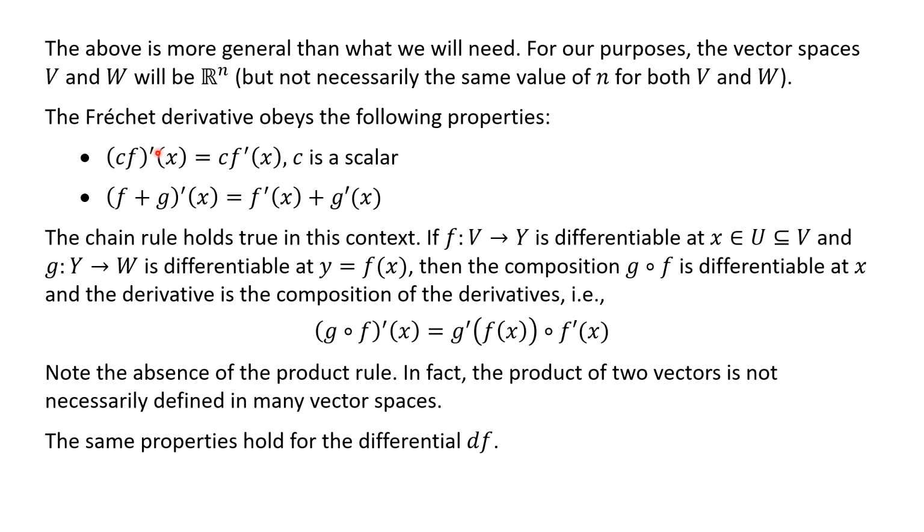And then these three properties here hold true for the differential df that we defined in equation 3 from the previous slide. So what we're going to do in the next lesson is use our definition here, typically equation 1 or 3, sometimes equation 2 from this lesson, and we'll apply it to different cases.